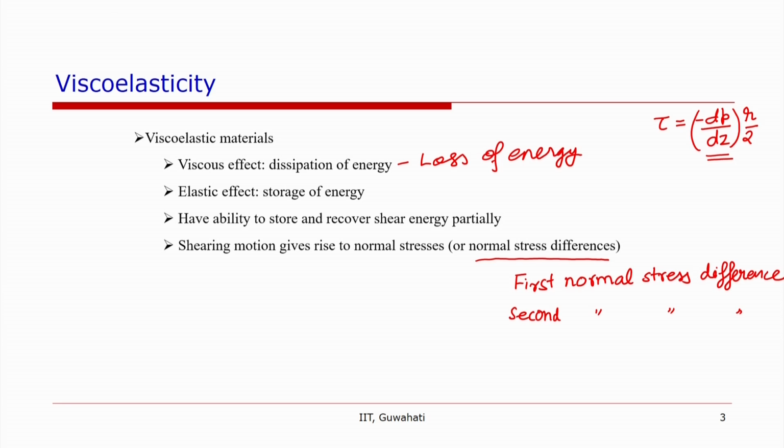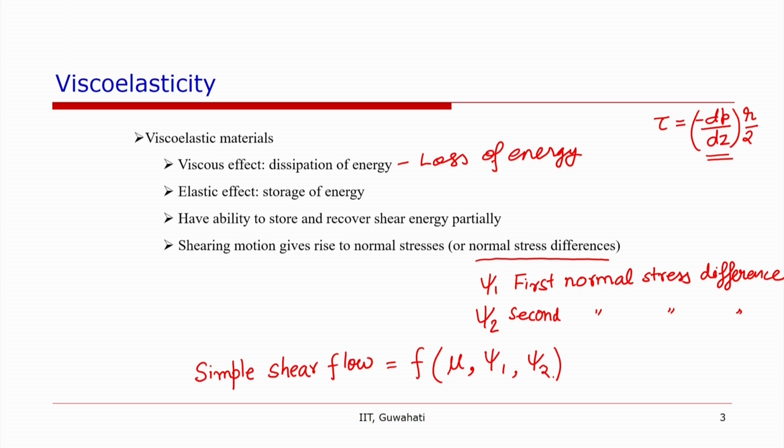Under simple shear flow, a viscoelastic material requires three properties that characterize it: viscosity, first normal stress difference and second normal stress difference.